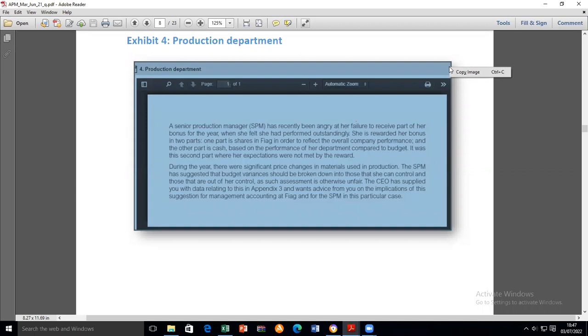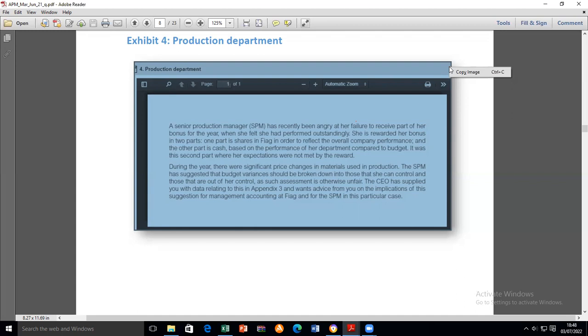Are we able to demonstrate the planning and operation variance here? Yes, we are.